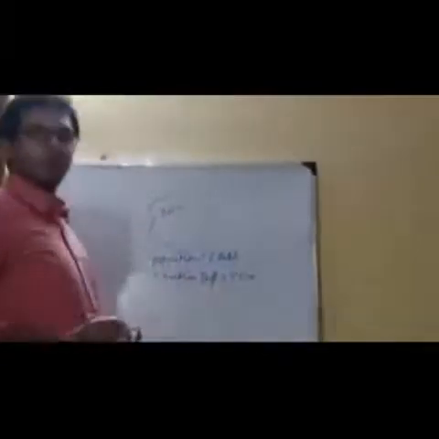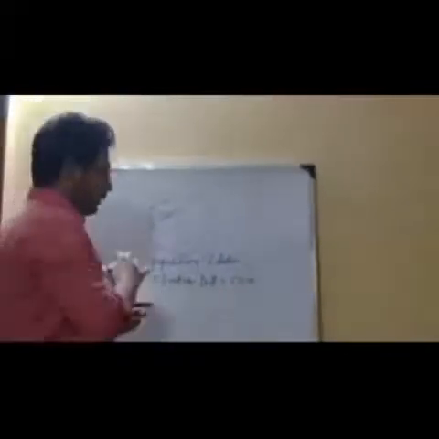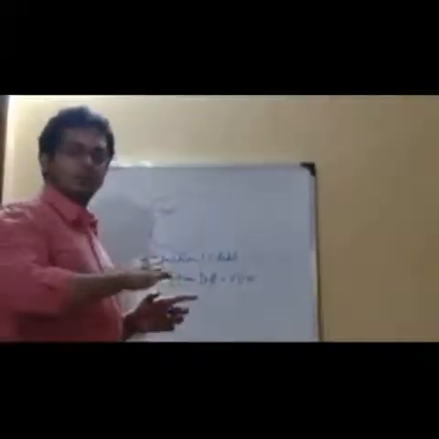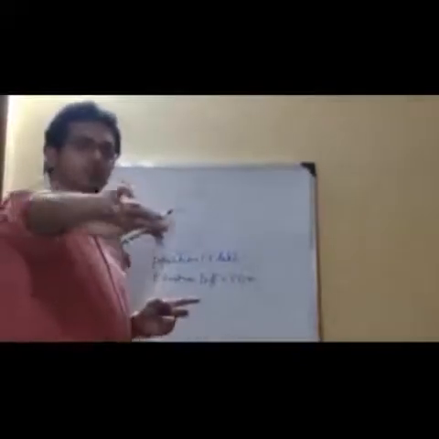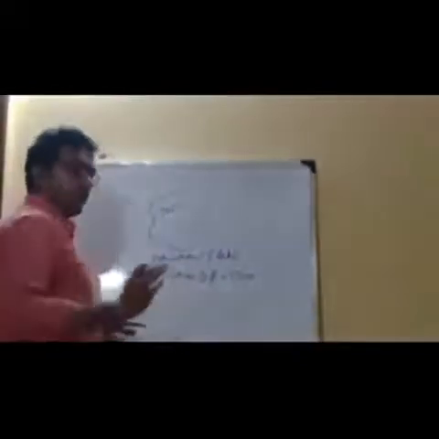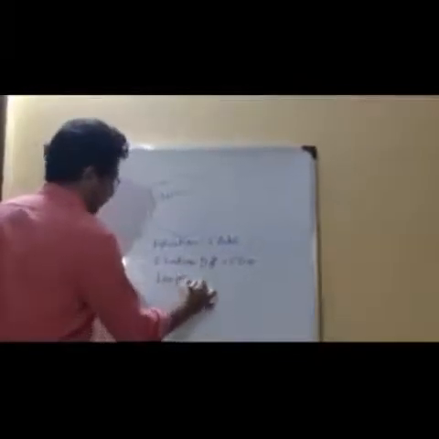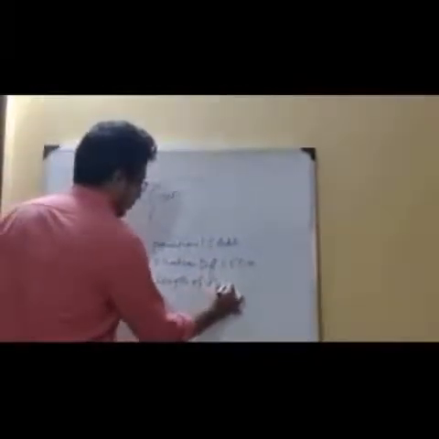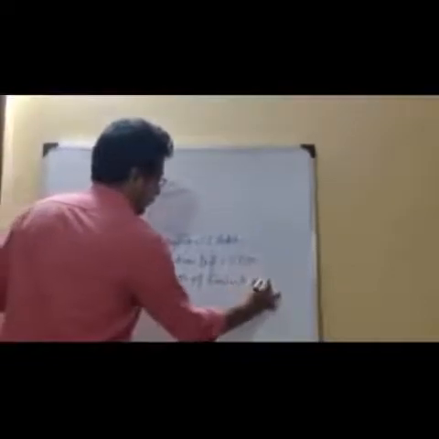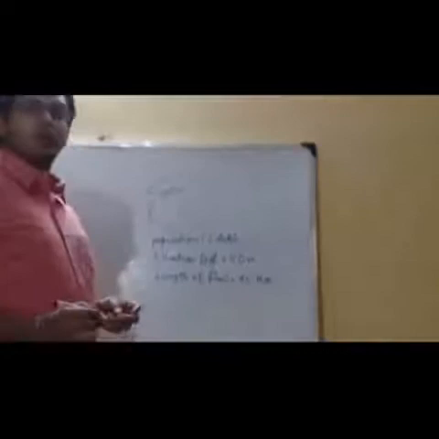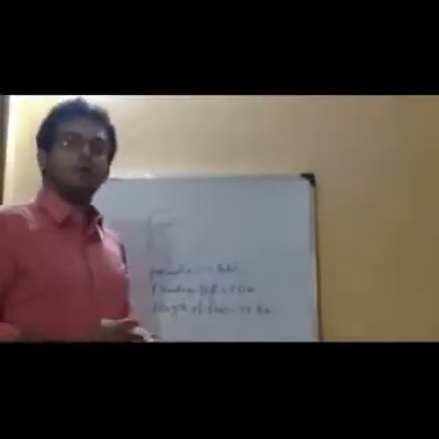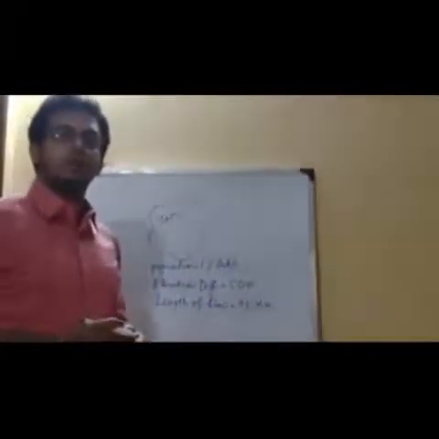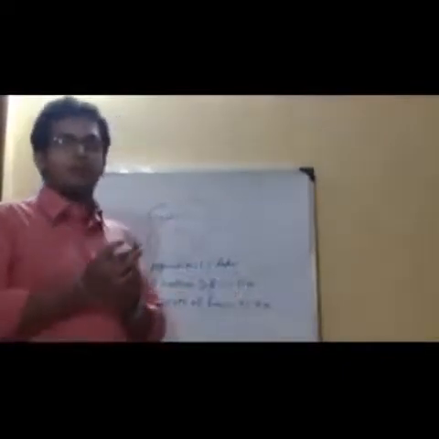Suppose the elevation difference is 50 meters and the length through which the water should flow by gravity is 25 kilometers. Length of flow 25 kilometers. Then we have to calculate what will be the value of the diameter of the pipe.